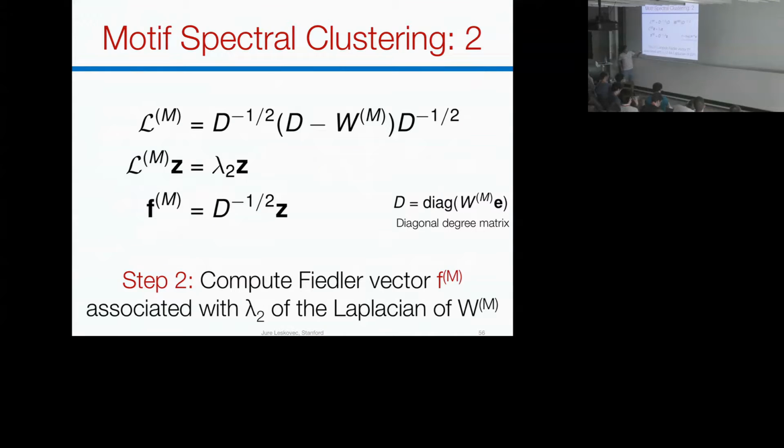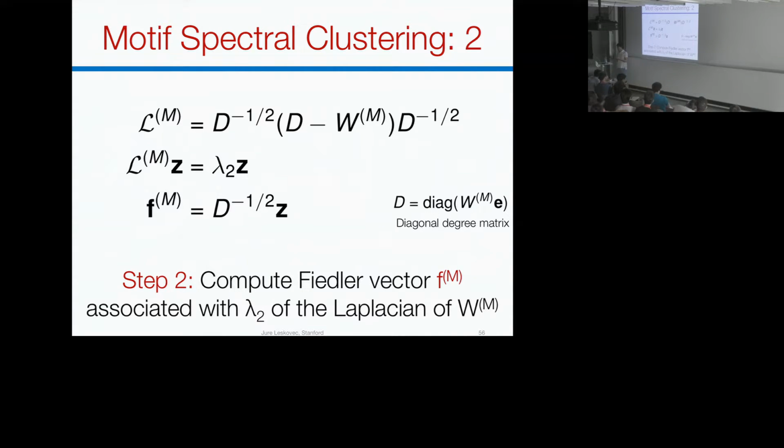What that means is I take my W, here it is, and I create the Laplacian matrix, where D is a diagonal matrix of degrees, and I'm appropriately normalizing W to account for the degree of every node. Once I have this Laplacian matrix, I compute the eigenvector corresponding to the second smallest eigenvalue.